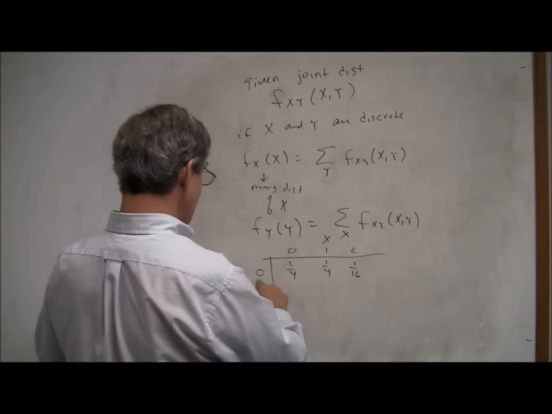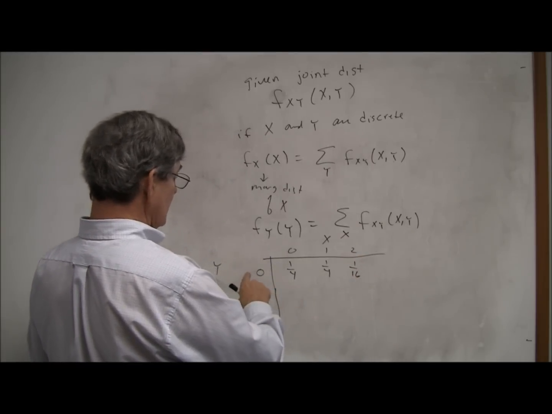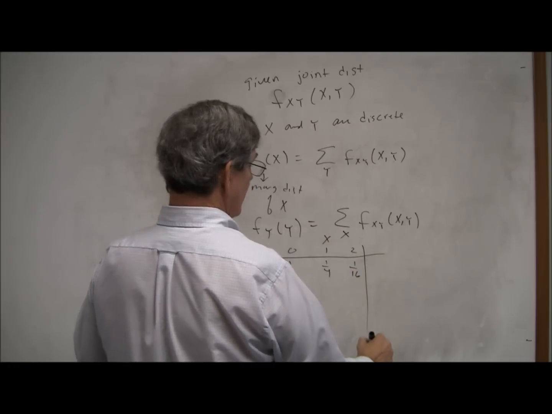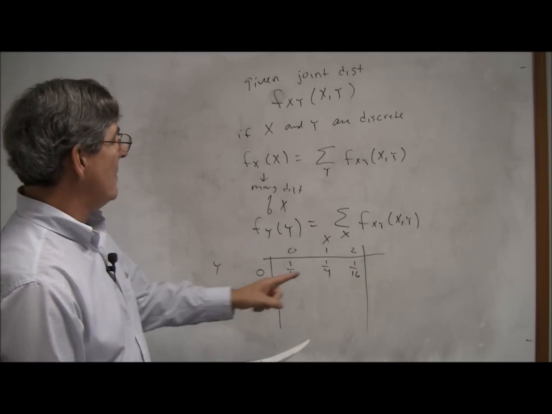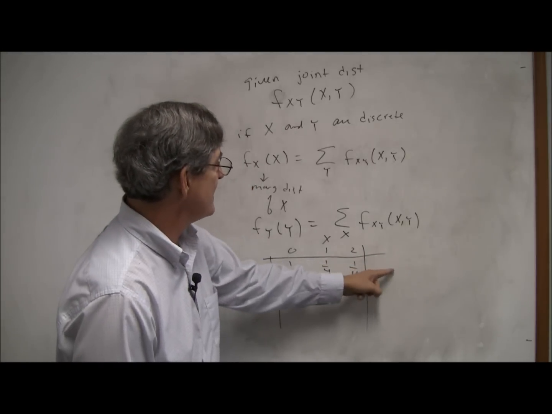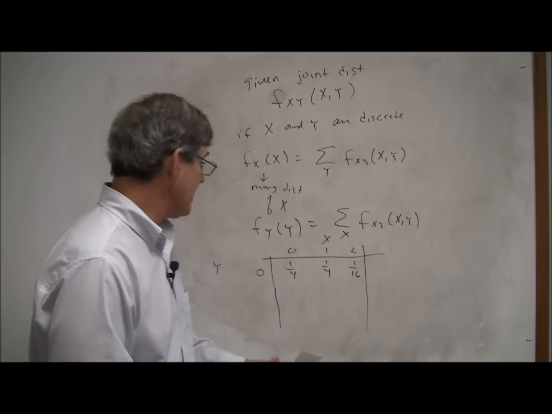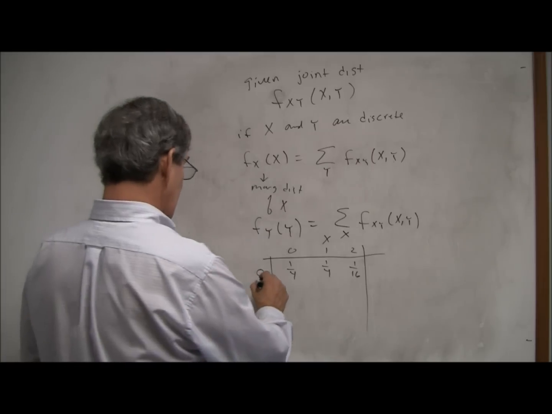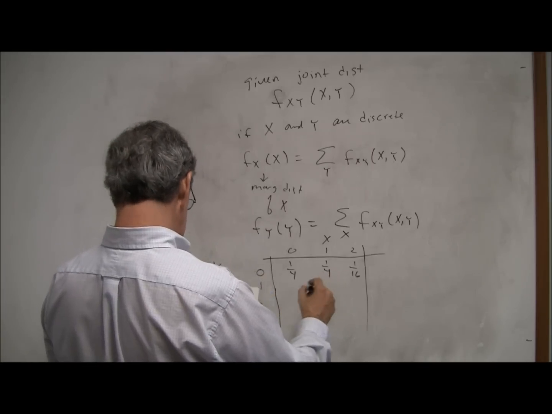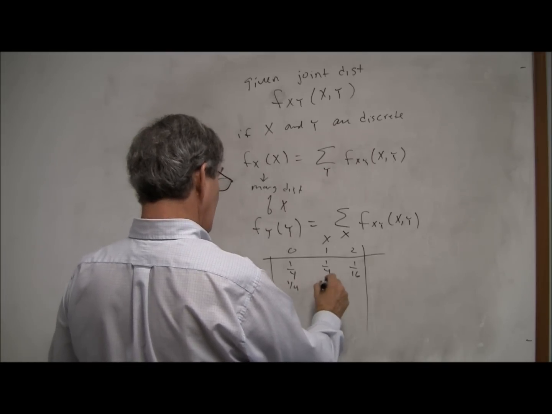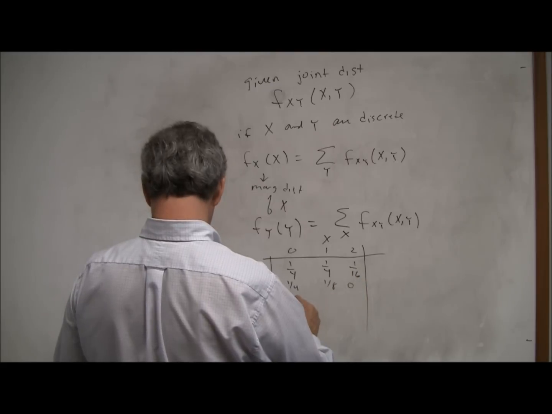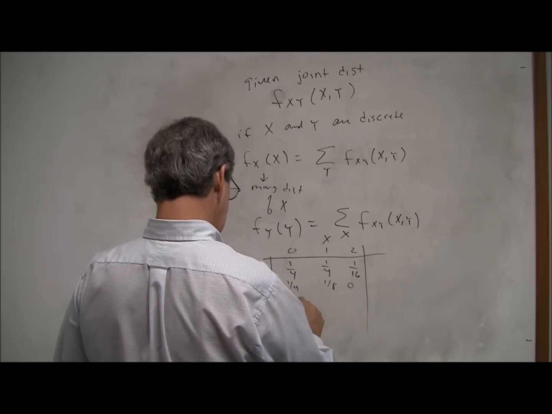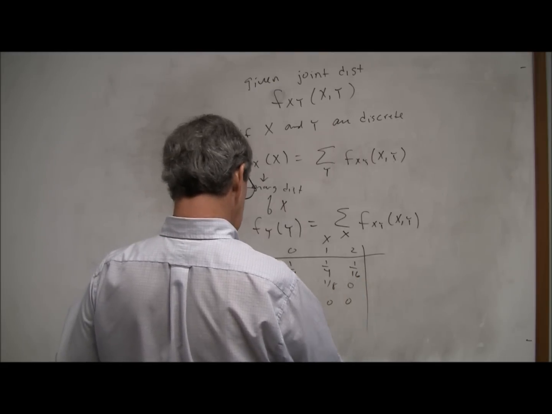If we want the marginal distribution for y equals 0, a minute ago I wrote that one value was fy of y. The marginal distribution is all of them. Let me do this right. 0, 1, and 2. I'm going to do exactly what I did a second ago. This is 1/4, 1/8, 0, and this is 1/16, 0, and 0.